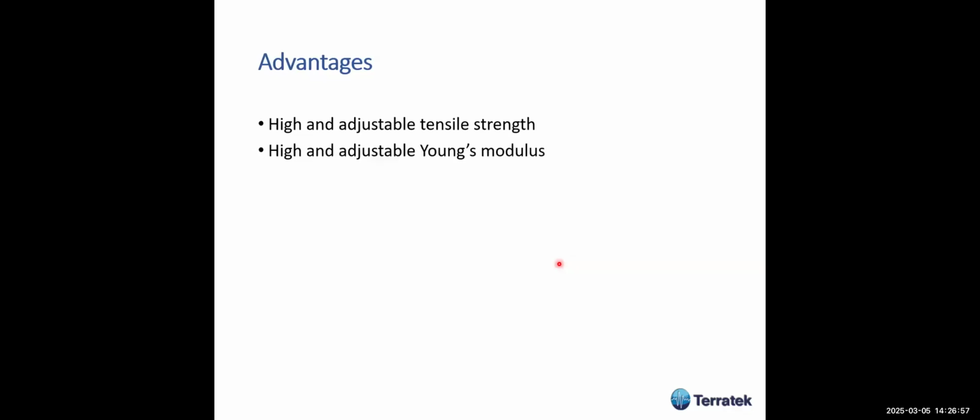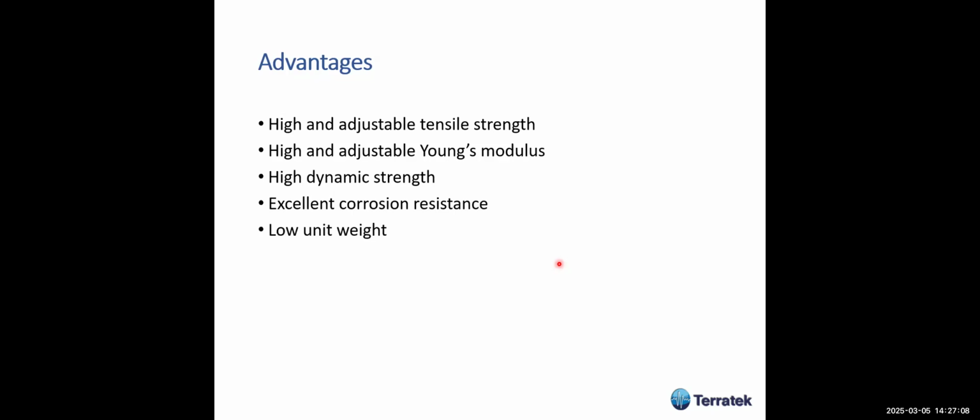The advantages are high and adjustable tensile strength, high and adjustable Young's modulus, high dynamic strength, excellent corrosion resistance, no problem with corrosion usually, low unit weight, very light bars, and magnetic and electric neutrality, so we don't have any magnetic effect. Okay, easy to cut.